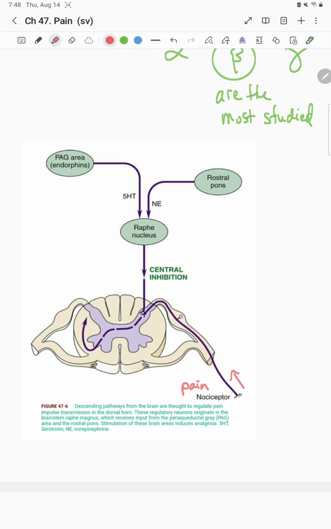Now the signal is coming in through the sensory nerve, a nociceptor, into the dorsal nerve root, into the dorsal horn. And because it's pain and temperature, the neurological signal is going to cross over at the level of the spinal cord, hit that anterolateral system, specifically the spinothalamic tract, and then go up to the brain.